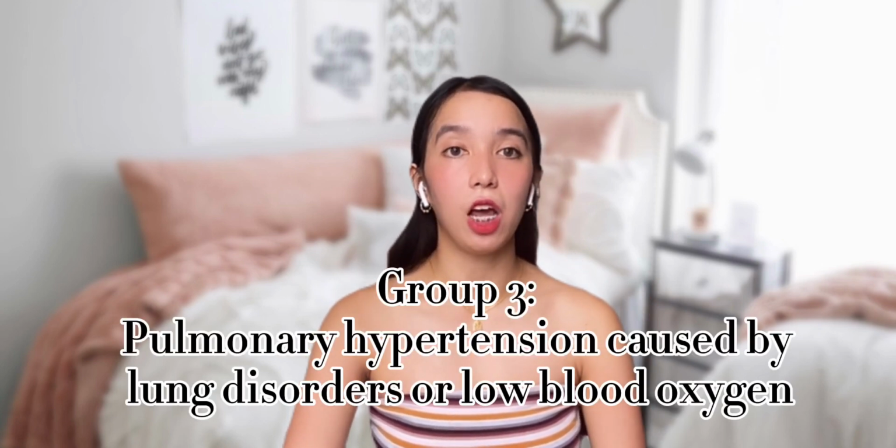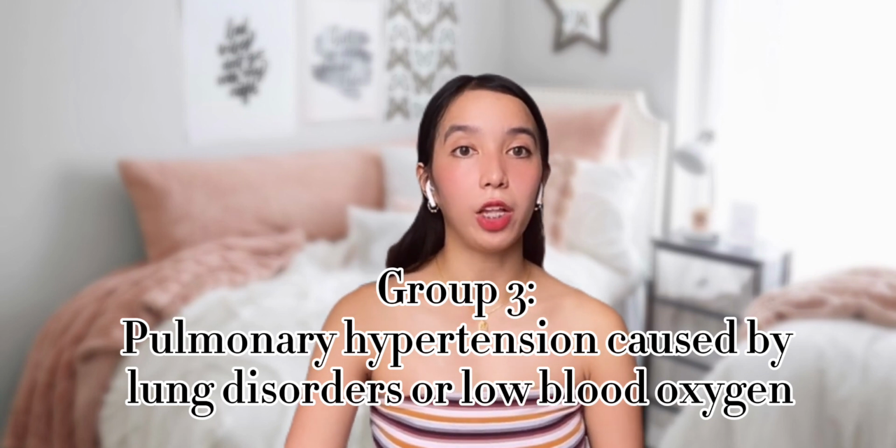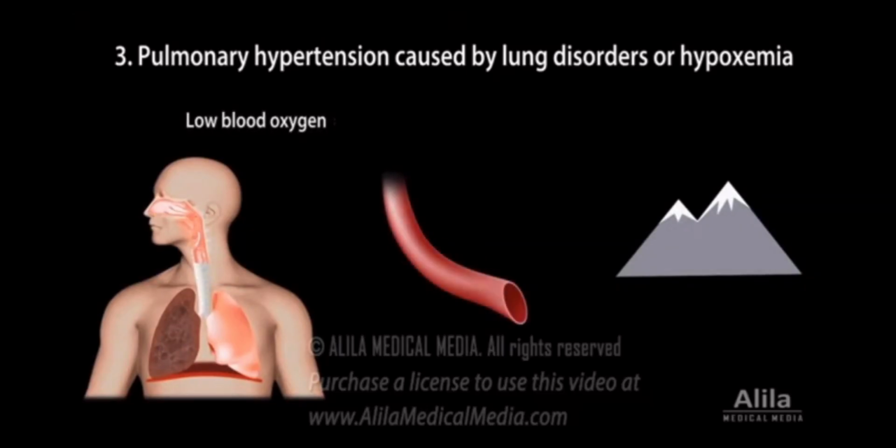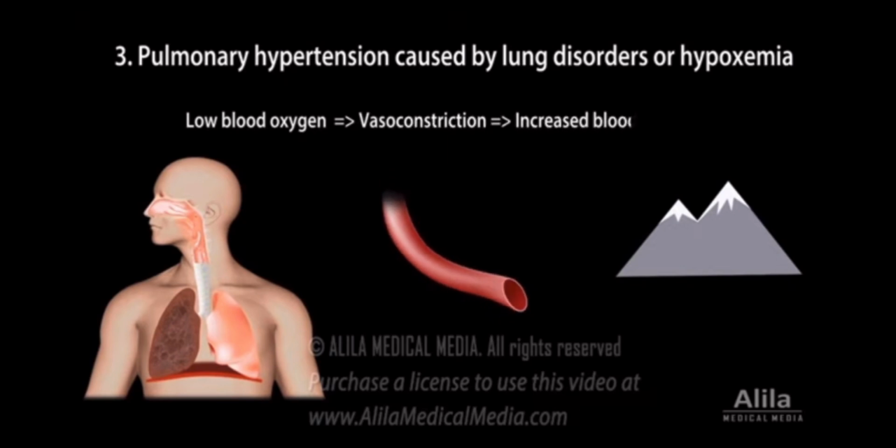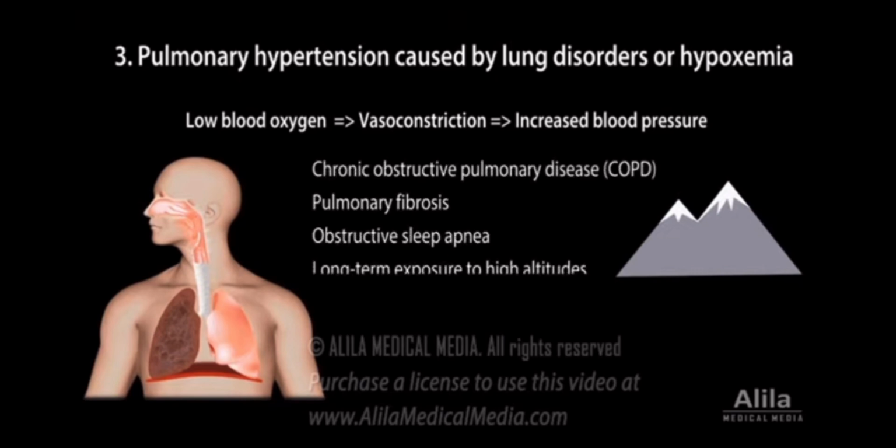For our next group, or the third group, we have pulmonary hypertension caused by lung disorders or low blood oxygen. When oxygen level is low, pulmonary vessels constrict in an attempt to shunt blood to better ventilated regions of the lungs. Conditions or circumstances that result in low blood oxygen are risk factors for developing pulmonary hypertension.